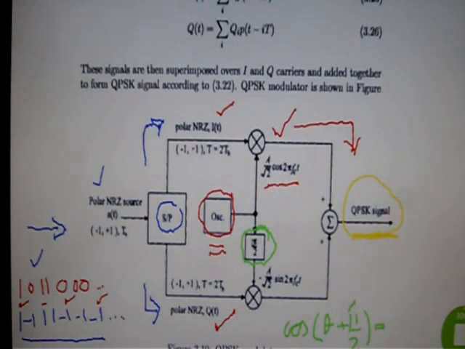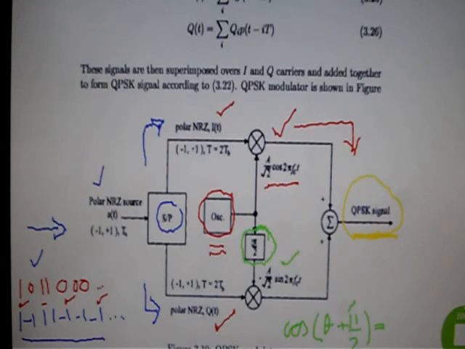So sine theta sine pi by 2 would give you the phase shift. So this is actually a phase shifter, and then you have the A over under root 2, minus A over under root 2, which is just a scaling factor.